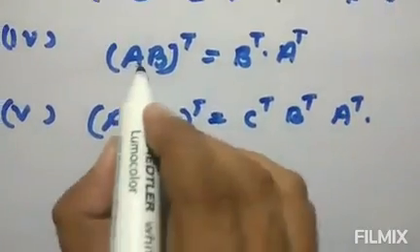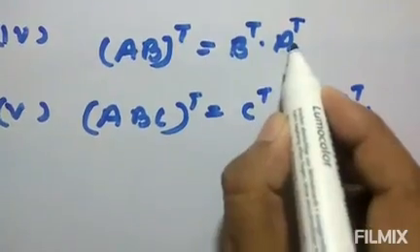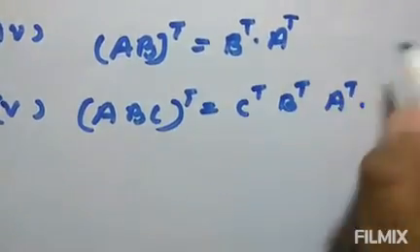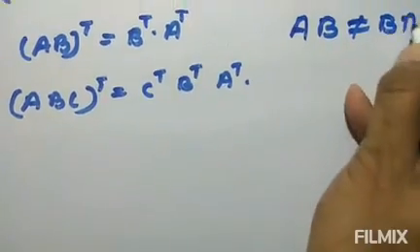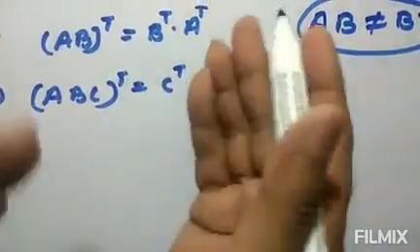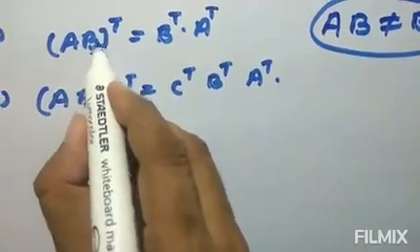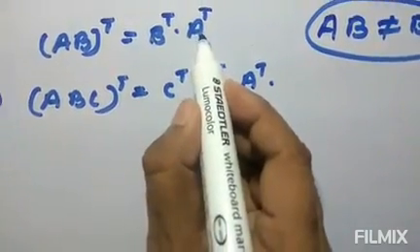Here (A into B) whole transpose equals to B transpose into A transpose. Already known that AB not equals to BA in matrix multiplication, but here it is interchanged, and (AB) transpose equals B transpose into A transpose is true.